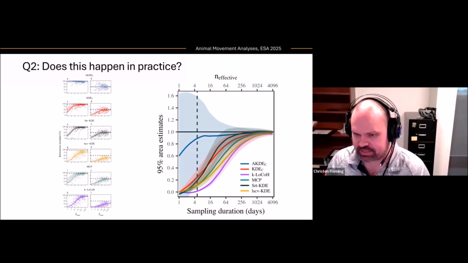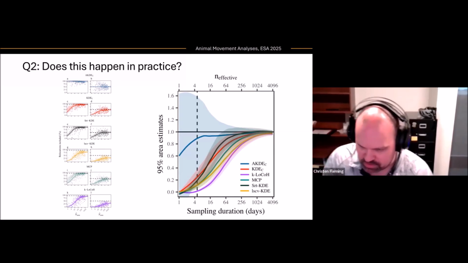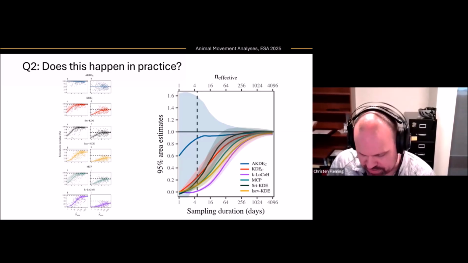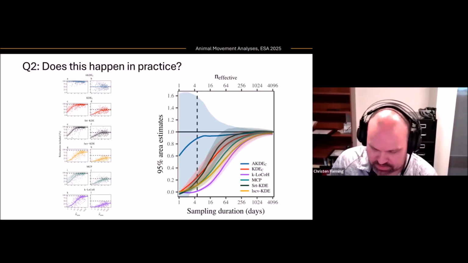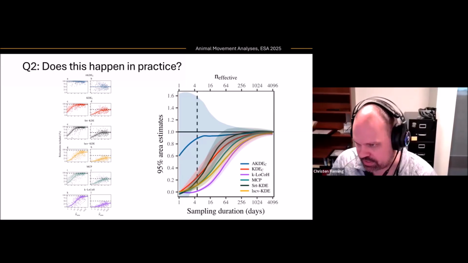And then we did this empirically, and then we also did simulations from known truth, and we did these simulations based on the models that we selected on the empirical data. So they're kind of empirically motivated simulations. And then we could show that the area estimates are underestimated by the older methods until you get effective sample sizes into the hundreds or thousands.